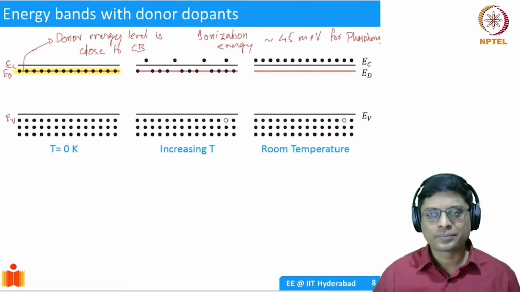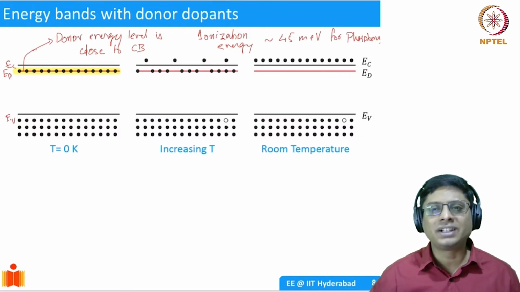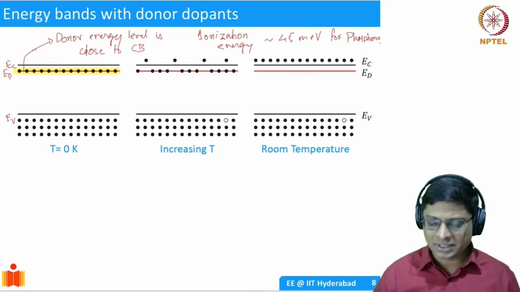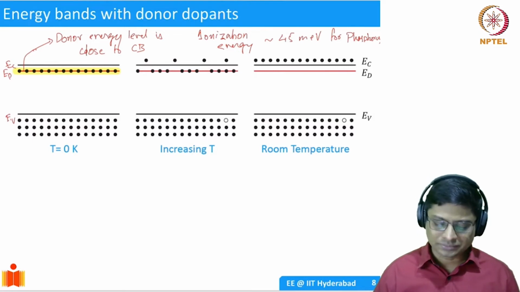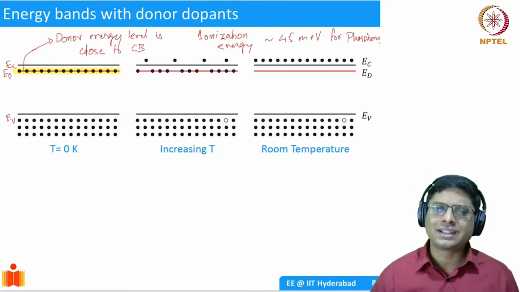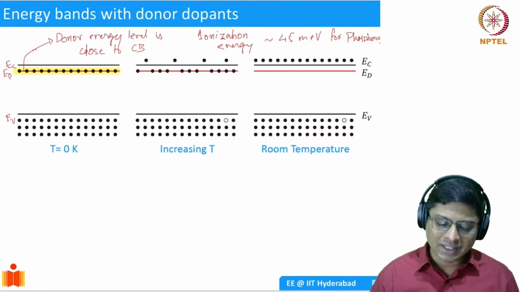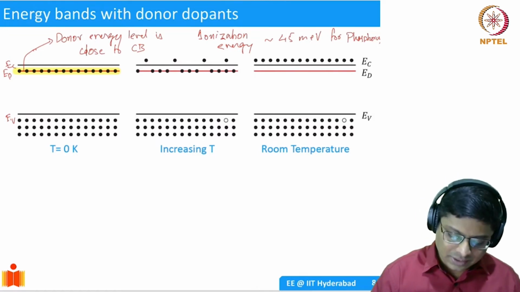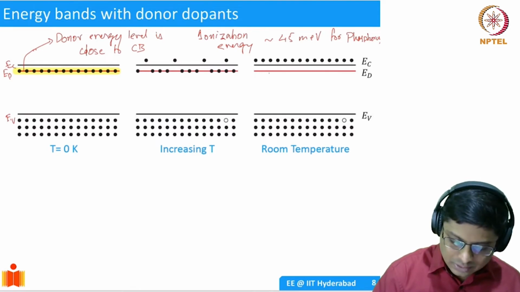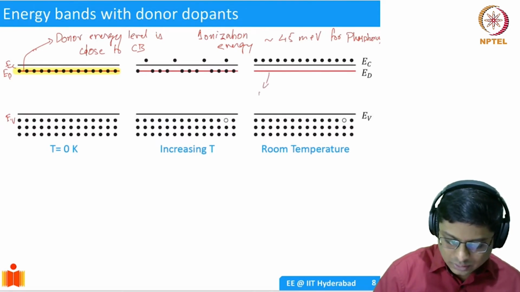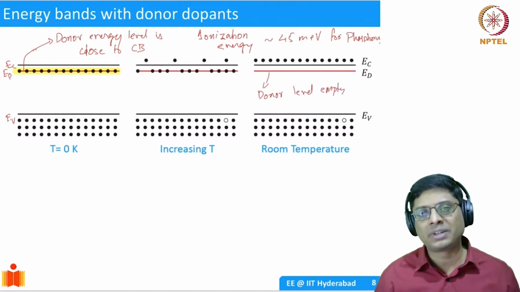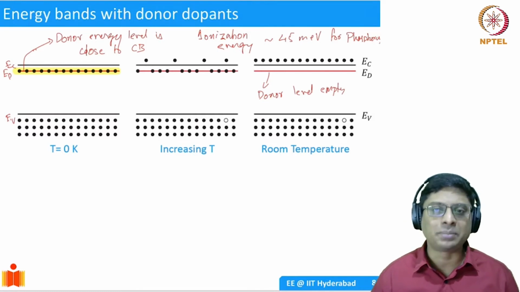As temperature increases further, at room temperature, 300 degrees Kelvin, it is sufficient, and you'll see that all the donor atoms are ionized. That's why at room temperature, the donor level is empty. That means all the donors have been ionized, and you have Nd plus.